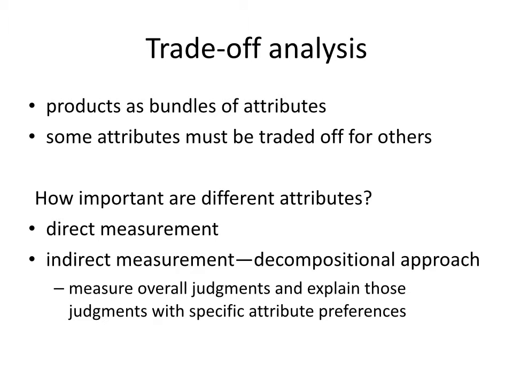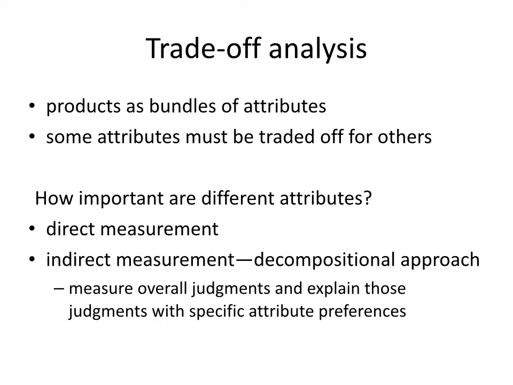But as with attitudes, asking those specific dimensions doesn't yield a score that predicts behavior as well as asking a holistic attitude. How valuable is this brand? How attractive is this brand? So in conjoint analysis, one starts with an overall judgment and uses an indirect approach to come up with the importance of each individual attribute.